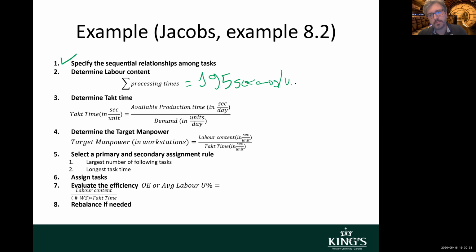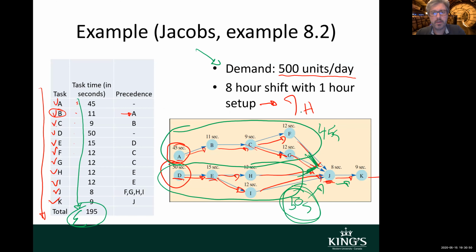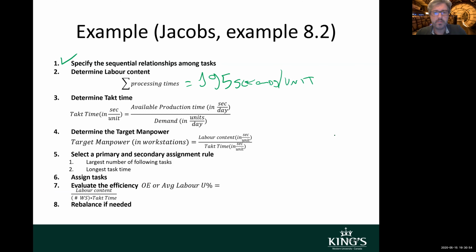per unit. Okay. Now let's determine our takt time. So the takt time is the available production time in seconds per day. Do I know this number? Well, if I look back, I know I have 7 hours. So what can we do with 7 hours?